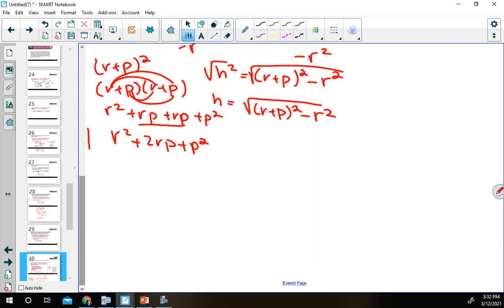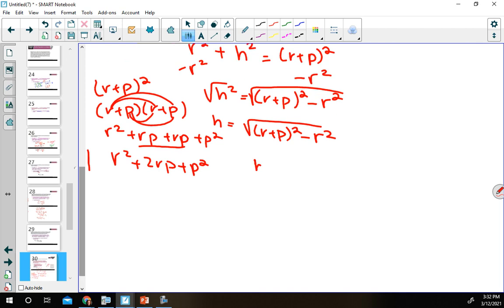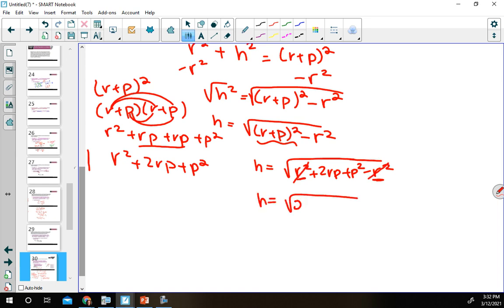Okay, so if I go ahead and replace it, it's actually going to simplify it here. So I'm replacing that with what it is, double rainbow. So R squared plus 2RP plus P squared minus R squared. Because now, if I combine those R squareds, they actually go away. So 2RP plus P squared.